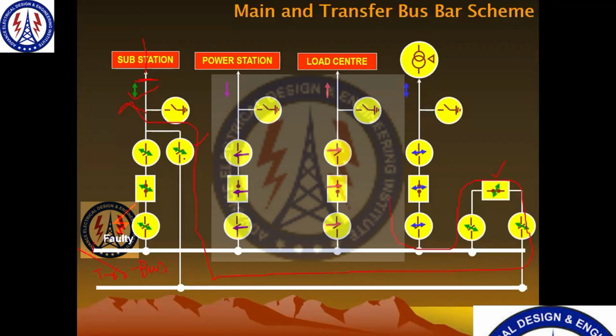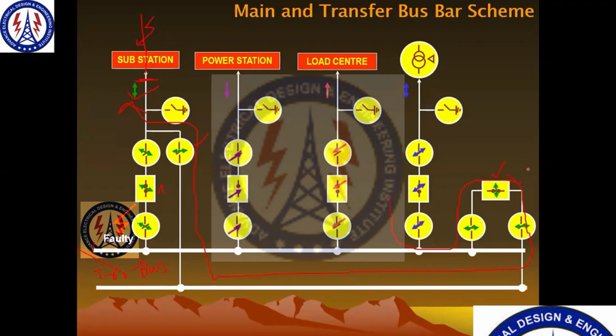So here you can see we are adding the isolator, not the circuit breaker. And now when you transfer this feeder onto this bus coupler, okay, so whenever a fault occurs on this line, suppose there is a line, in this line the fault occurs, in that case which circuit breaker will get tripped?